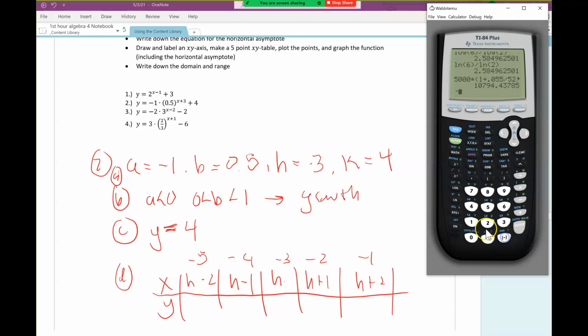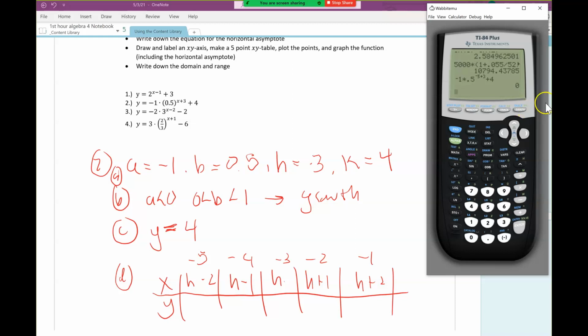So I have negative 1 times 0.5 to the negative 5 plus 3, plus 3, that's my first value.